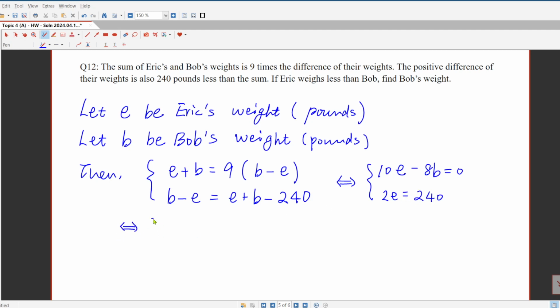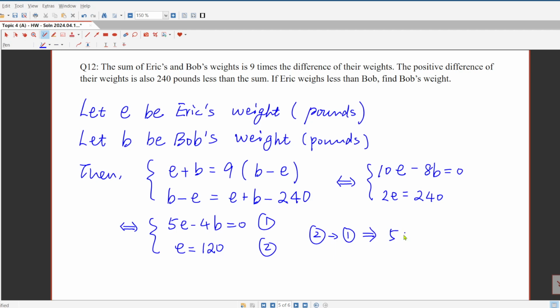And this is equivalent to say, first of all, 5E minus 4B is 0. And the second one directly gives you E, right? E is 120. Therefore, we could just insert number 2 into equation number 1, which gives us 5 times 120 minus 4B equals 0, and 4B equals 600, and B is 150, right?